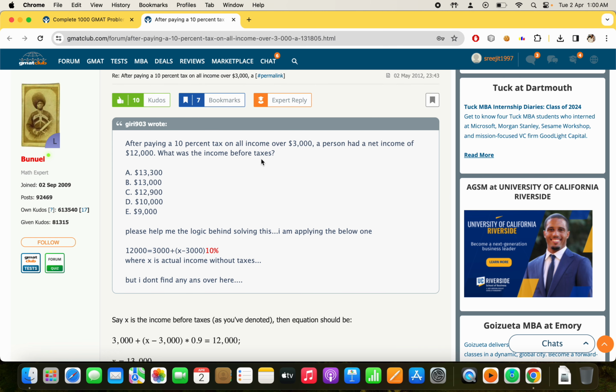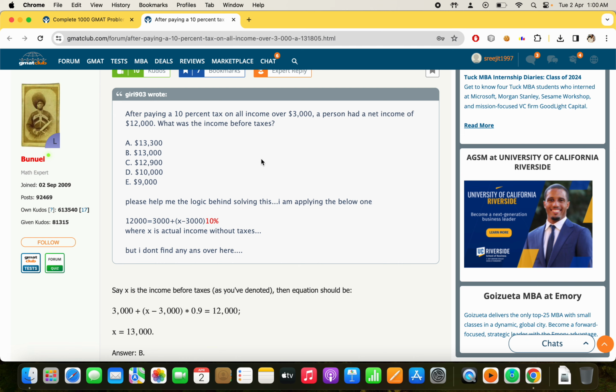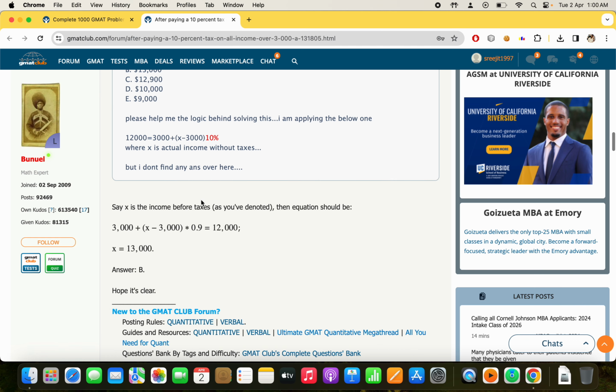Okay, so 3,000 amount has no tax, right? So X is the income before the taxes. Let's see this answer. This is kind of nice, because this makes things more clear. So X will be the income before tax, as the question suggests.